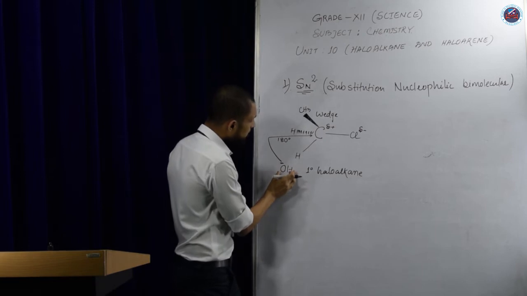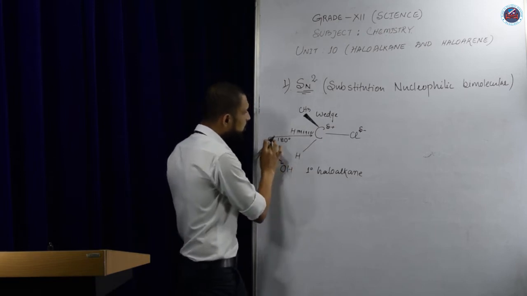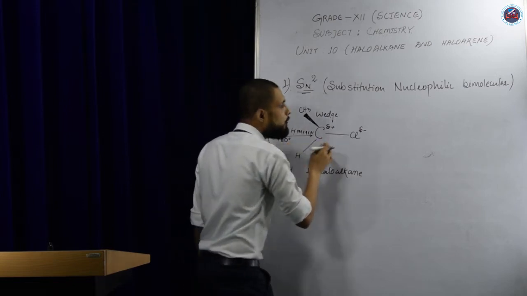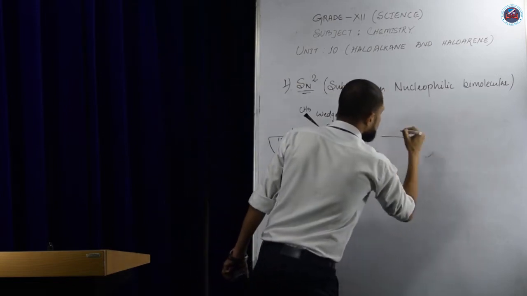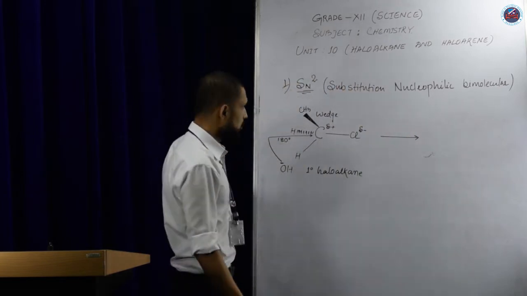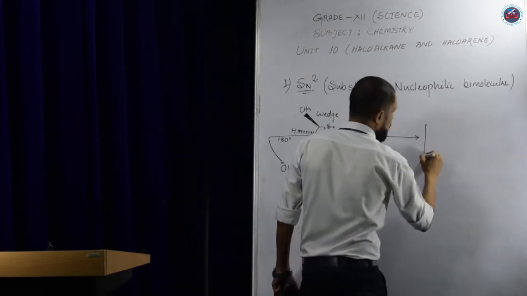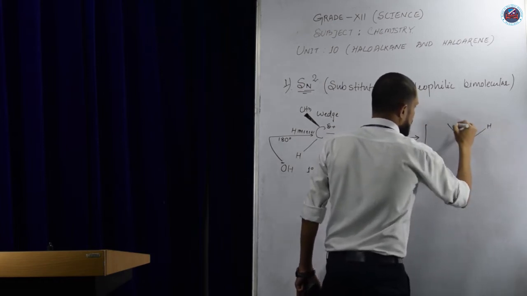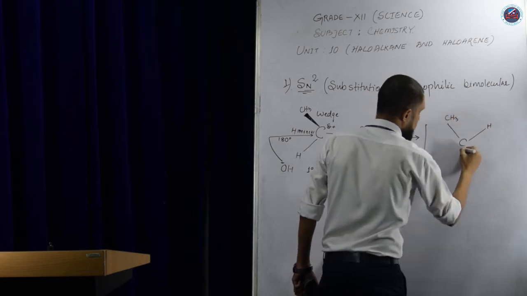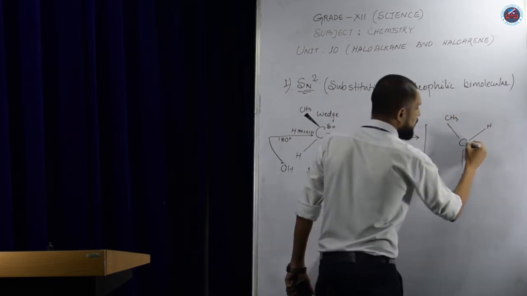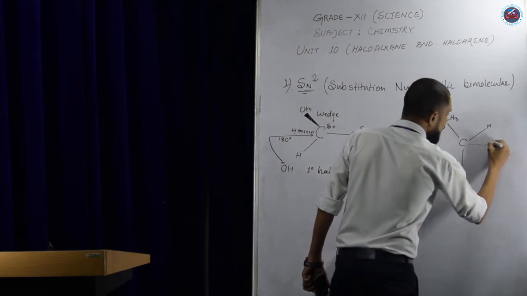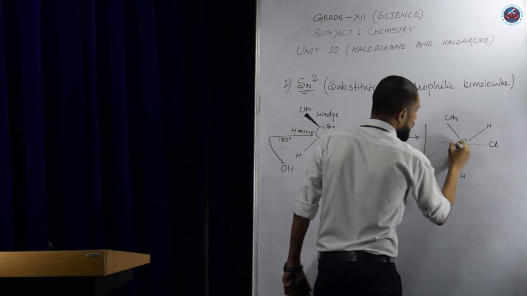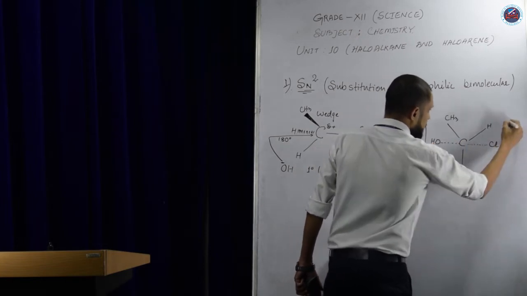So the incoming nucleophile, that is OH negative, will attack the partially positive carbon from an angle of 180 degree to the C-Cl bond. Now why 180 degree? Because if the nucleophile attacks the partially positive carbon from 180 degree, the steric hindrance is minimal and also the repulsion between the nucleophile and chlorine is minimal. So when the incoming nucleophile attacks from 180 degree, it forms a transition state. This is the transition state where C-Cl bond breaking and C-OH bond formation take place.